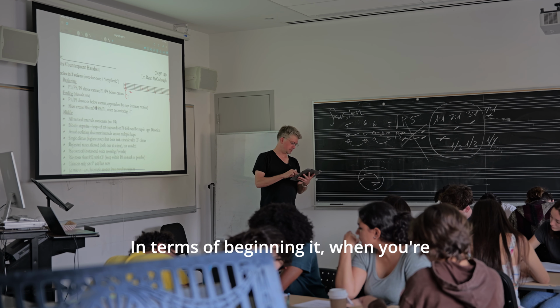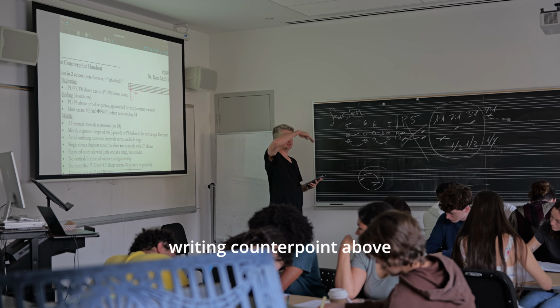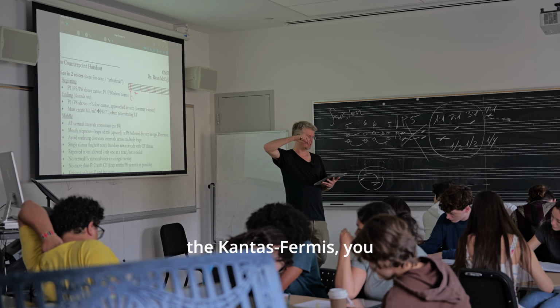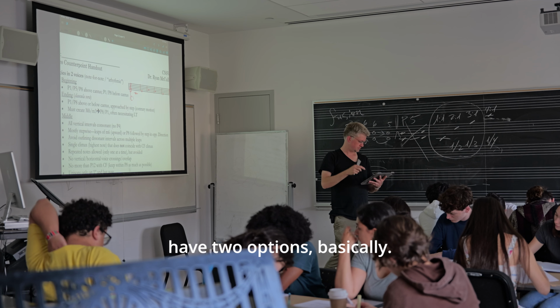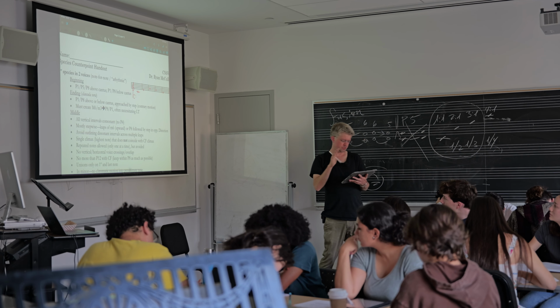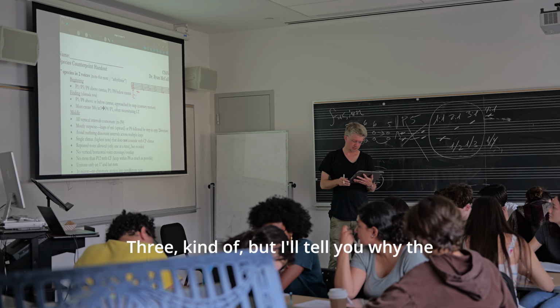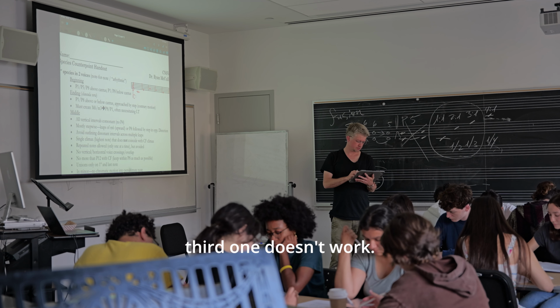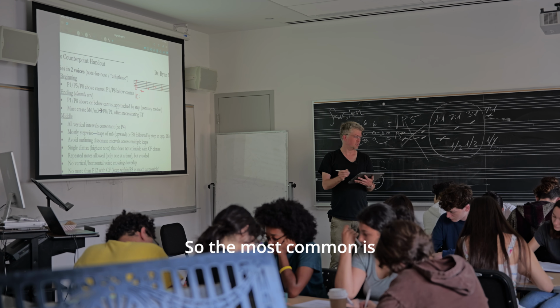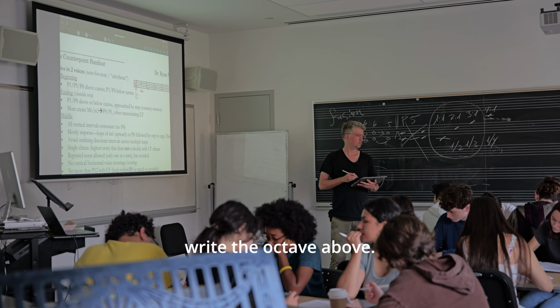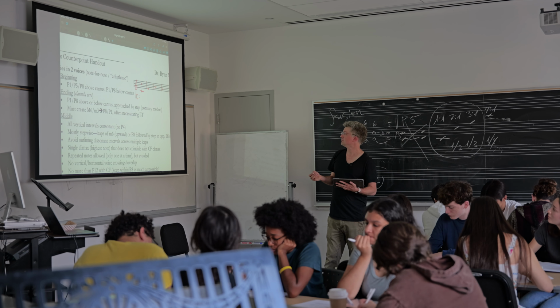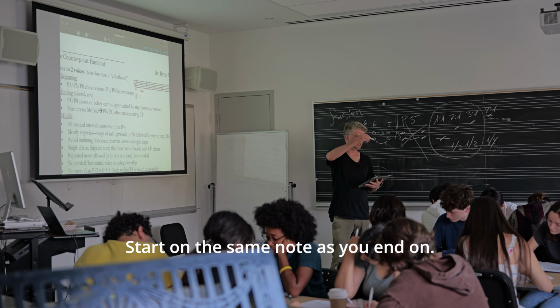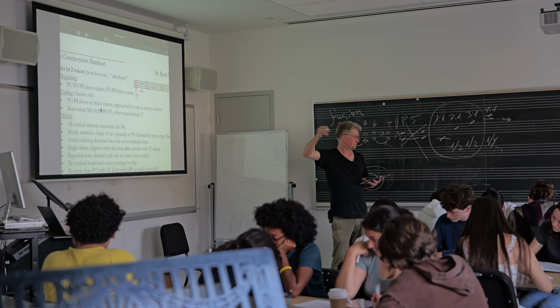In terms of beginning it, when you're writing counterpoint above the cantus firmus, you have two options, basically. Three, kind of, but I'll tell you why the third one doesn't work. The most common is to write the octave above. Start on the same note as you end on.